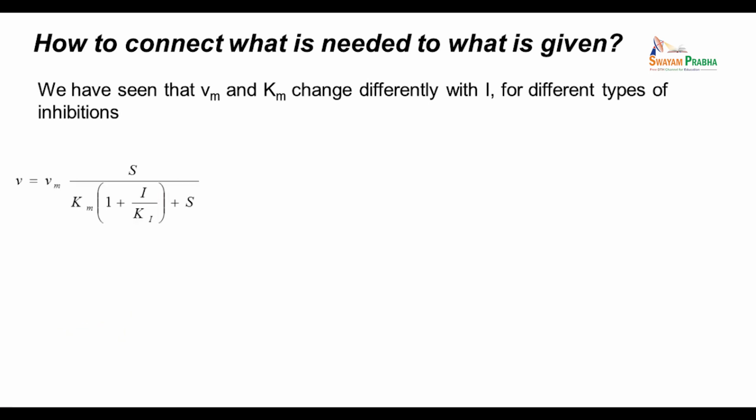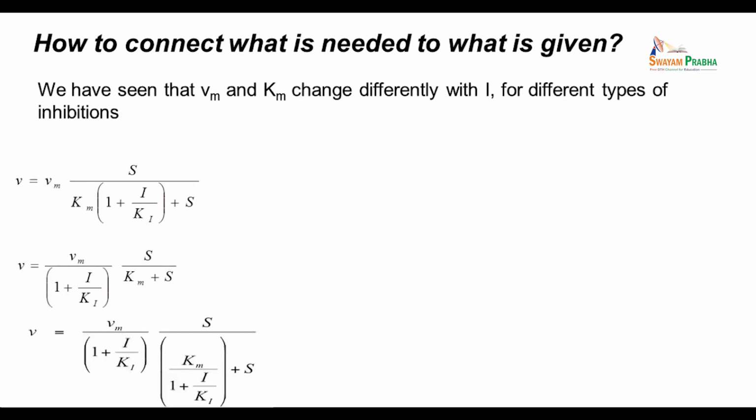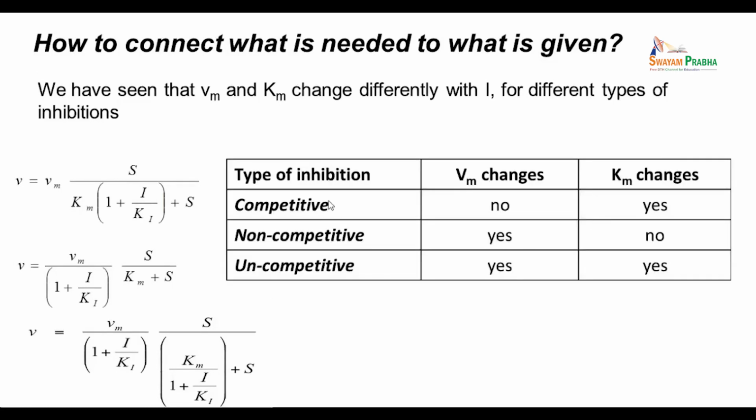For the competitive inhibition, V equals Vm S by Km into 1 plus I by Ki, plus S. The Km gets modified. For the non-competitive inhibition, the Vm gets modified. And for the uncompetitive inhibition, both Vm and Km get modified in this fashion. This is a summary.